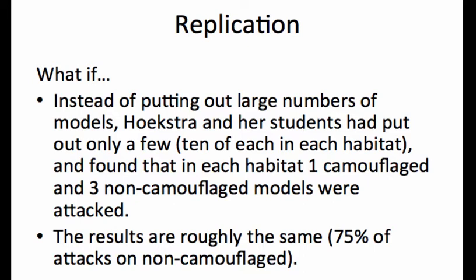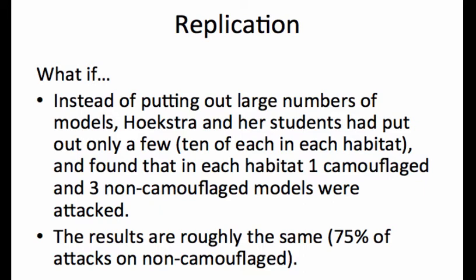And so in other words, each time a hawk hits one of these fake mice, it's kind of like a flip of a coin. Heads, I attack a dark one. Tails, I attack a light one. And if you flip a coin 4 times, getting 3 heads and 1 tail is not that weird of a result, right? It's not that unlikely.